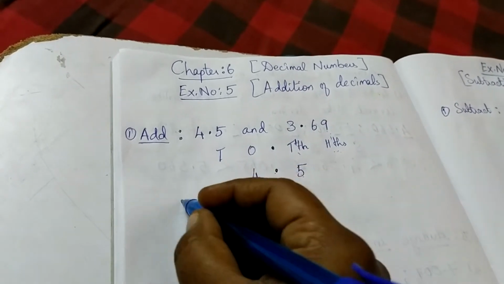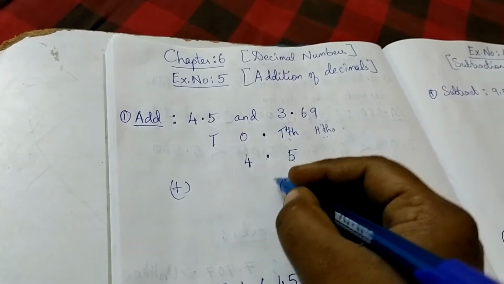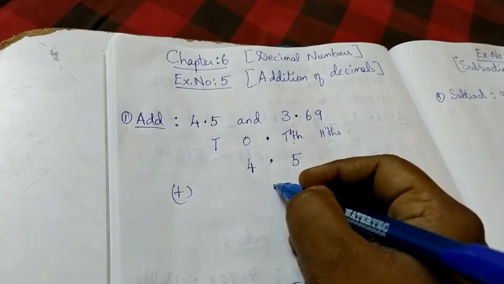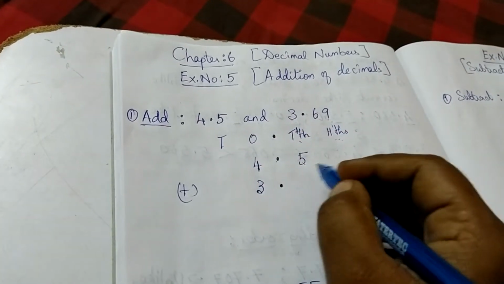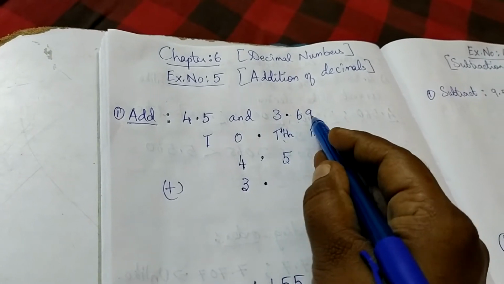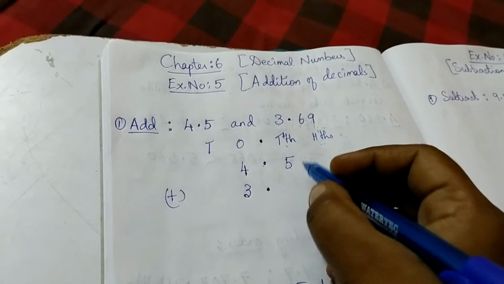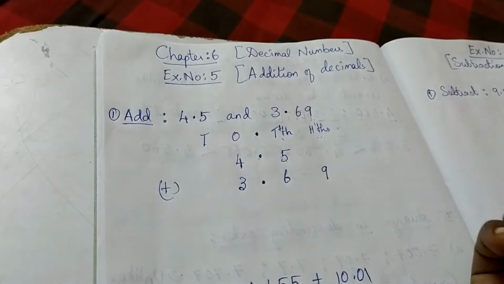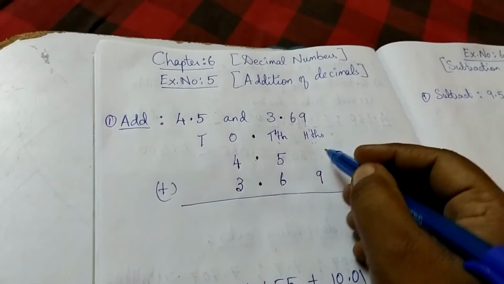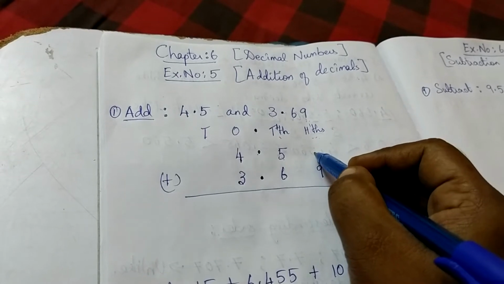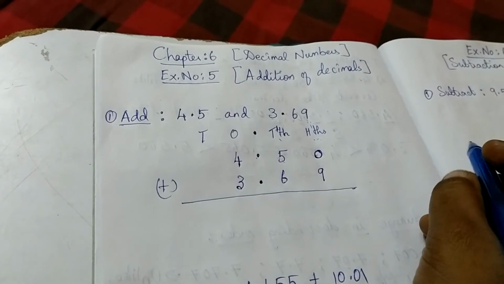The next number, add symbol, before decimal 3, in the ones place value, after decimal 6, 9. This 6 is your tenths, this 9 is your hundredths. Now you are going to add these two numbers. Since there is no number in the hundredths place, I am going to give 0 and make like decimals.